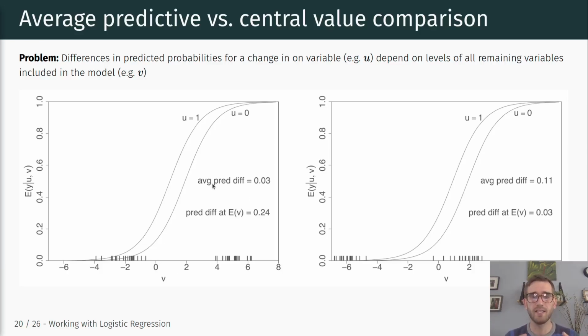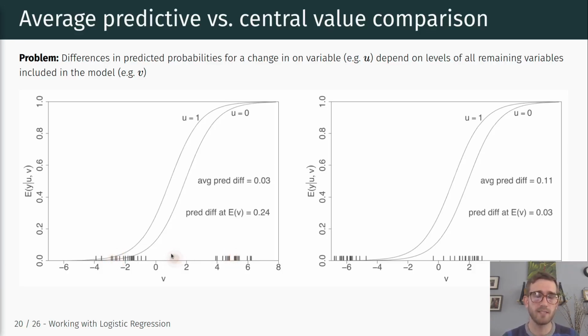So again, the alternative that we're looking at is holding this v variable constant at, for example, the mean, at its expected value. We can think about what this implies in the context of these two visualizations. If we compute the expectation of v for the first case, it will be somewhere around here, assuming roughly equal numbers of observations here and here.